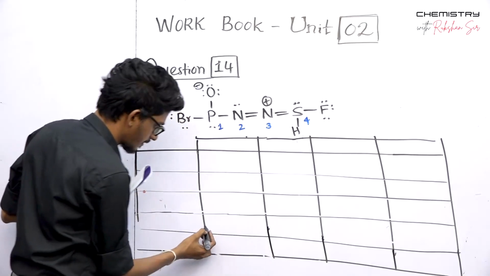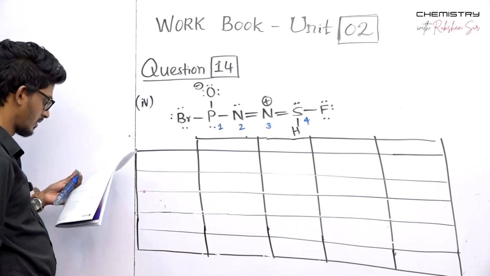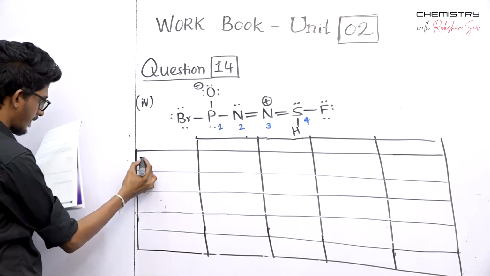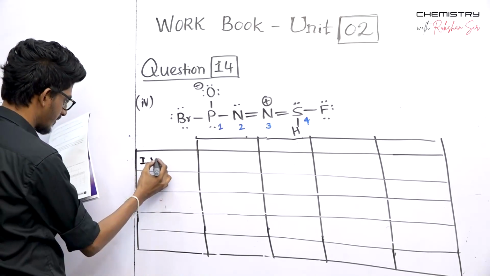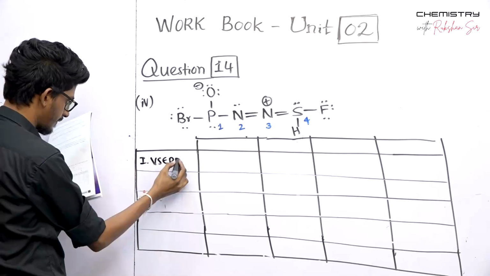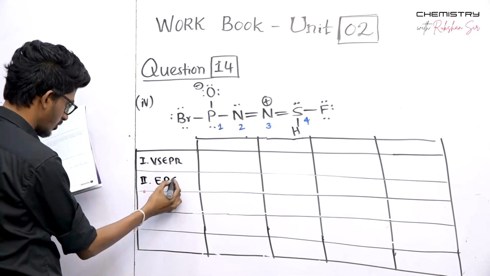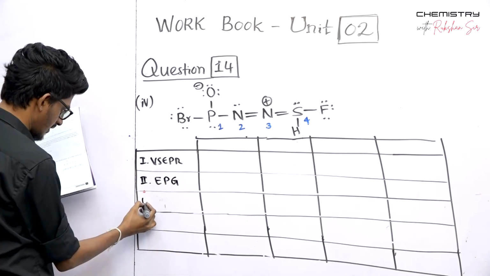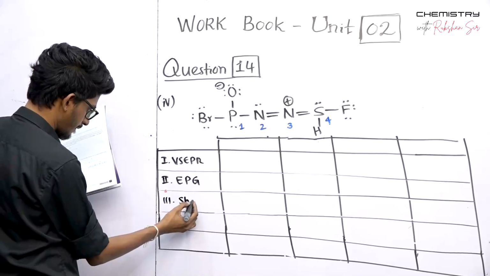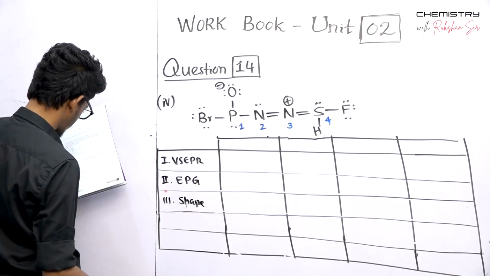One is the VSEPR pairs, VSEPR units. Second is the electron pair geometry. The shape. And hybridization.